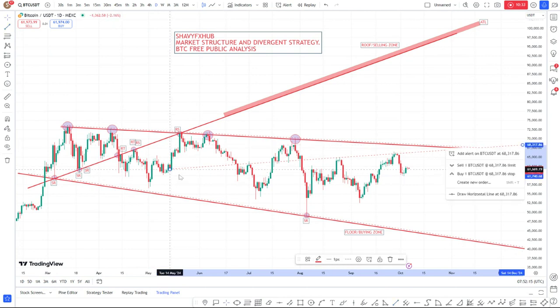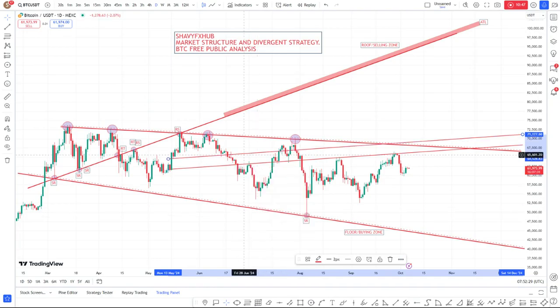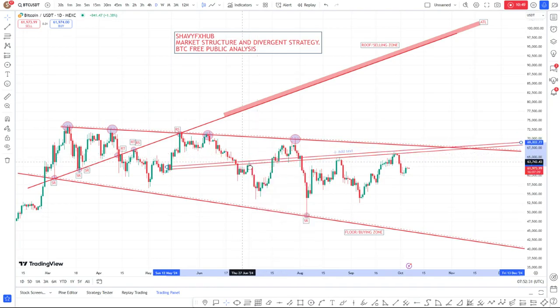Like I say, every time we look at price, what we want to see is a break and retest, either on a higher time frame or on a lower time frame. So when we see break and retest on a higher time frame, we look at multiple confluence. Multiple confluence gives a higher probability and gives a clear direction of bias.